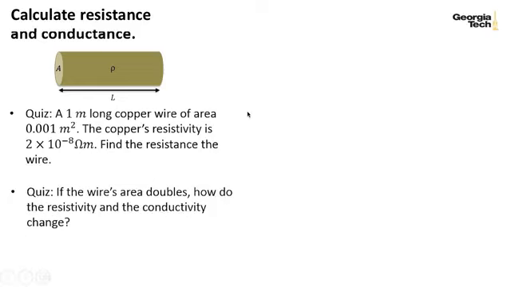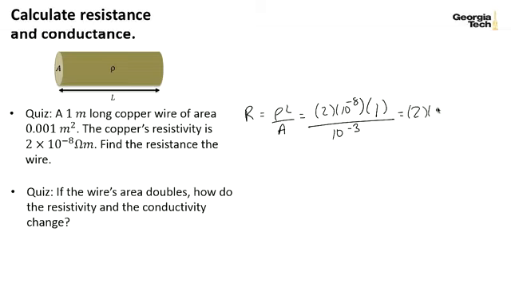We know that R is ρ L over A, and our resistivity is given as 2 times 10 to the minus 8. Our length is 1 meter, and our cross-sectional area is 10 to the minus 3. So that gives us a resistance of 2 times 10 to the minus 5 ohms.